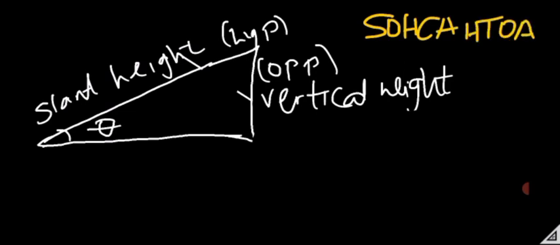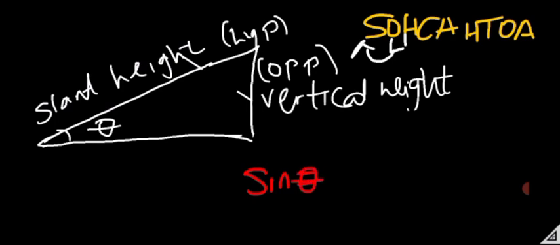Now, first of all, for us to use this SOHCAHTOA, we have to look for the relationship between hypotenuse and opposite, and that is sine, because sine carries OH. So S for sine, therefore means that we are going to say sine theta is equal to opposite, which is the vertical height.